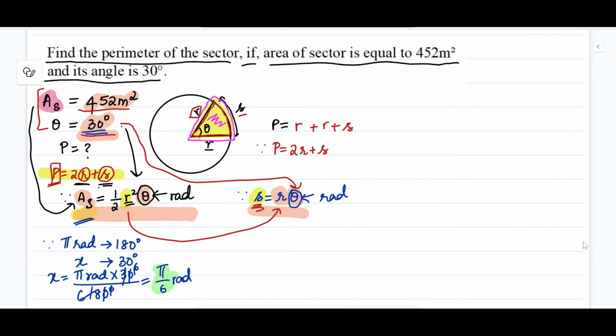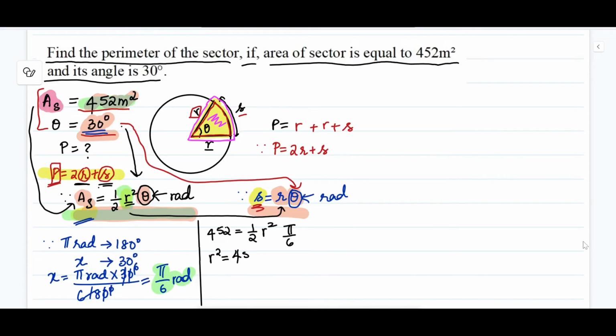Now we have the value of theta in radians and the area of the sector value which is given in the question. So now we can use this formula to find the radius of the circle. Area of the sector, that is 452 meters square, is equal to half r square into theta in radians, that is pi by 6 radians. We get r square is equal to 452 into 2 into 6 divided by pi.